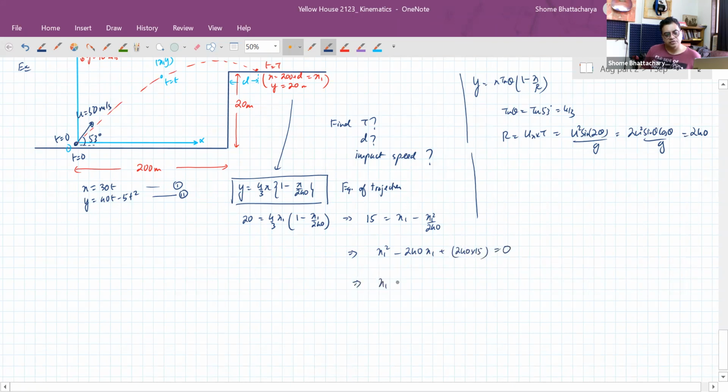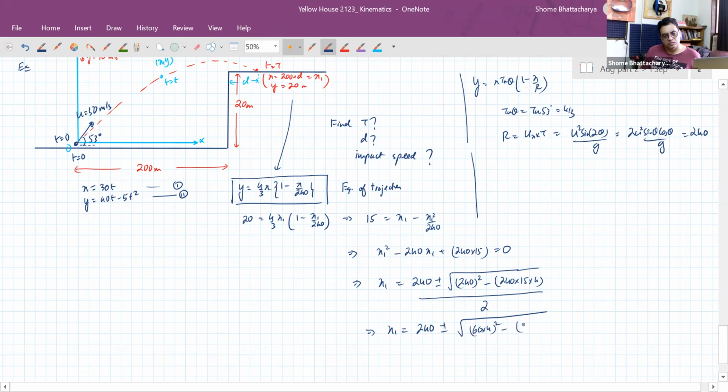So my x1 will come out to be, I can take 60 into 2 common.